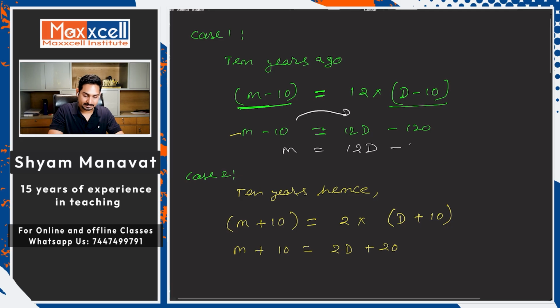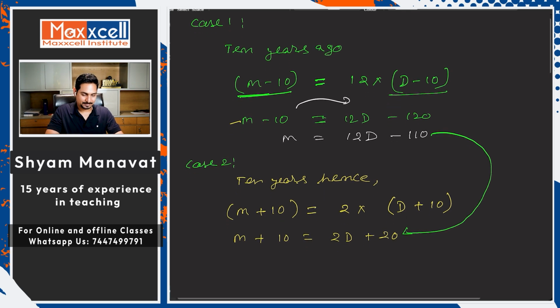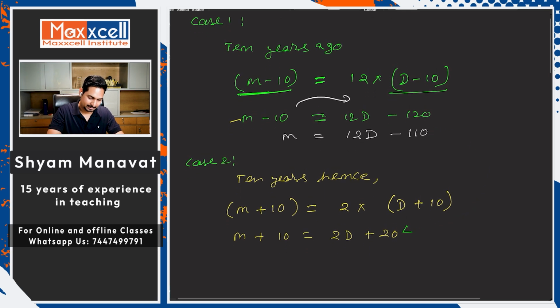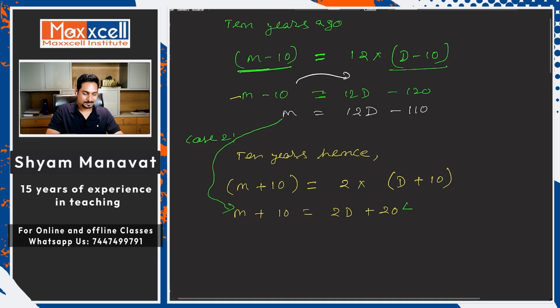Will become minus 110. अब क्या कर सकते हो आप? इसको यहाँ से निकालो, M में सब्स्टिट्यूट करेंगे ना. यहाँ से निकालो M का वैल्यू, यहाँ सब्स्टिट्यूट करो. या दिस इज लुकिंग बेटर. So you can say this is 12D minus 110 plus 10 equal to 2D plus 20, right?